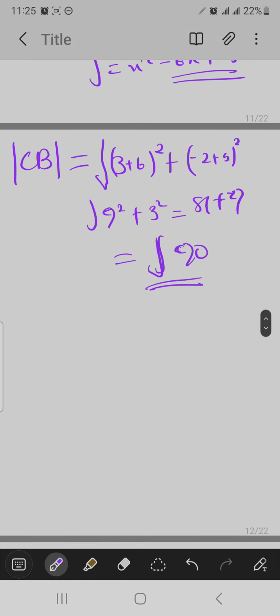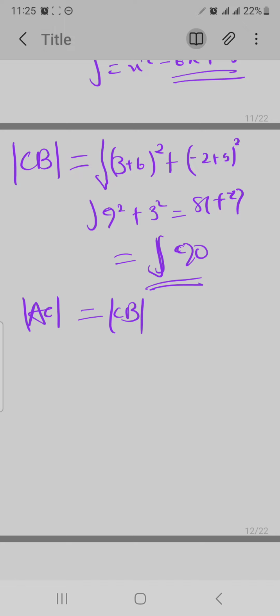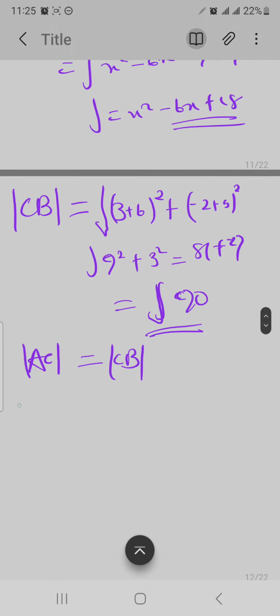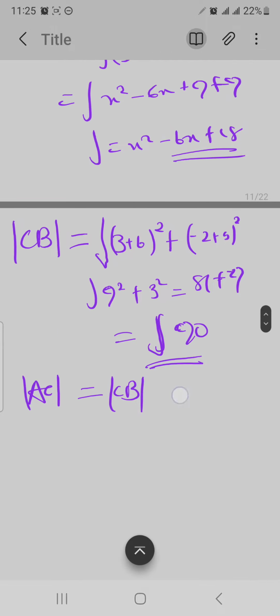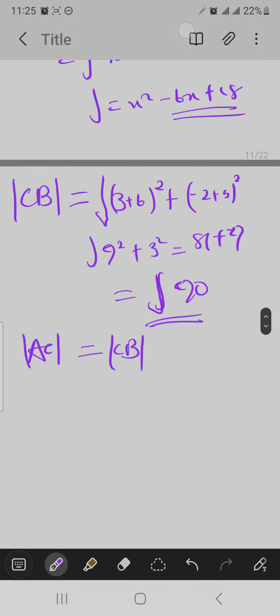So now, we know that AC must be equal to CB. So now, our AC is this. So this one will now be the square root of x squared minus 6x plus 18 equal to the root of 90. Square both sides.